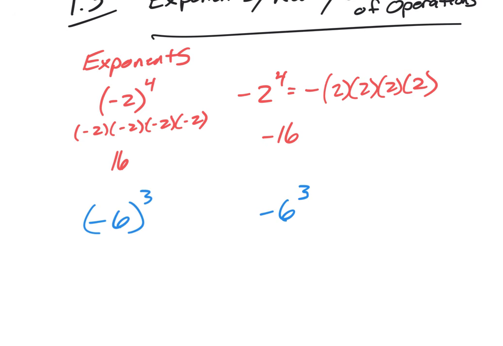Odd exponents change things a little bit because I'm taking a -6 times a -6 times a -6. Essentially, if I have an odd number of negatives, my answer will be negative. I've got 3 negatives, so I'm going to end up with a negative answer. Up here, I had 4 negatives, an even number of negatives, so I'm going to end up with a positive answer.